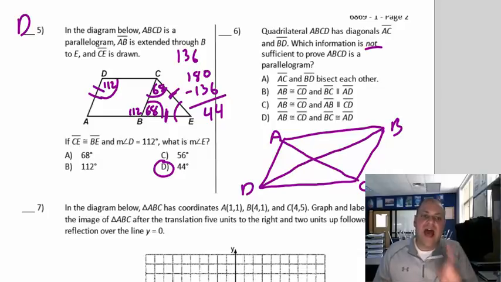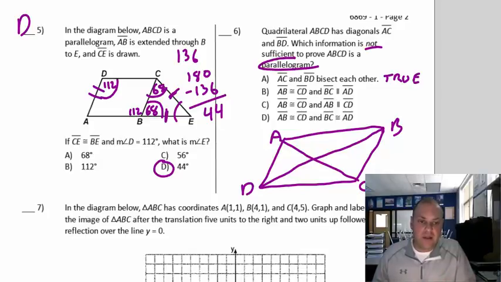Which one is not information that would prove it's a parallelogram? AC and BD bisect each other. This is true for a parallelogram, so that would be enough information to prove it.